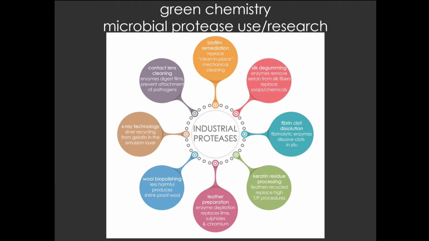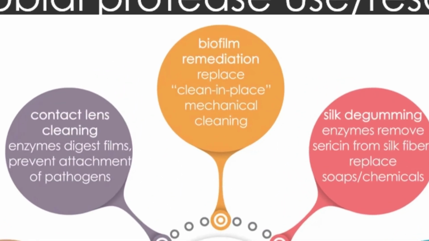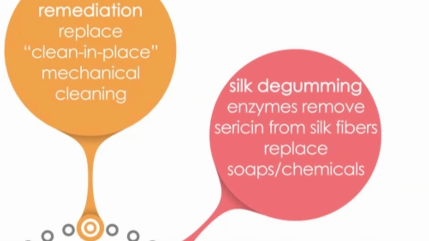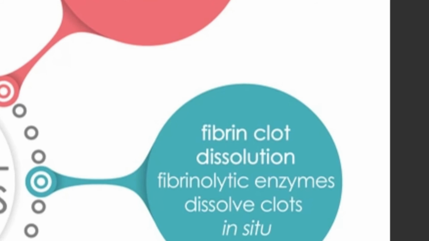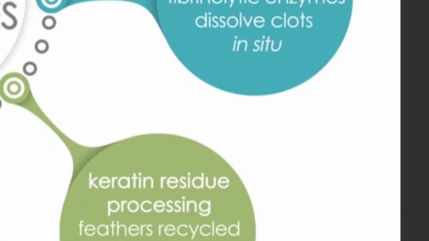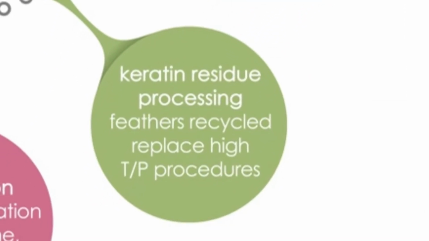Fast forward about 100 years, and tons of microbial proteases are used in order to create more of a green chemistry. They range from biofilm remediation to silk degumming to fibrin clot dissolution to keratin residue processing, which may seem super crazy, but 8.5 billion tons of poultry feathers are produced annually.